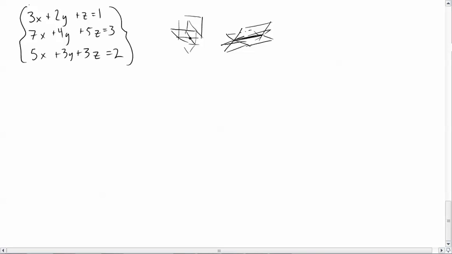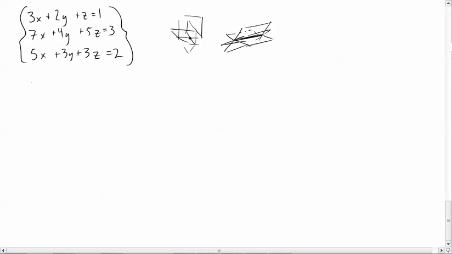First thing we're going to do is try to solve this system, because if we can solve where they're all equal to each other, then we know where they meet. I'm going to take the first two and try to eliminate one of the variables, let's say the z.